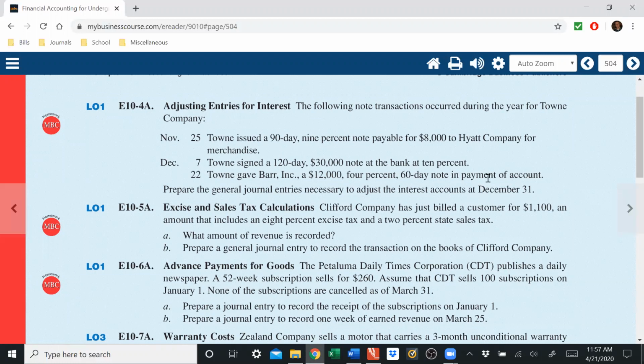Well, let's see. What happened on November 25th? Let me look here for a second. So on November 25th, we issued a 90-day 9% note payable for $8,000 to Hyatt Company for merchandise.